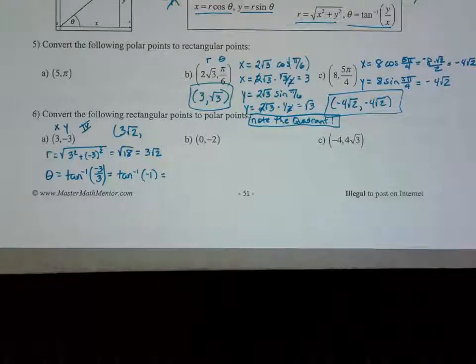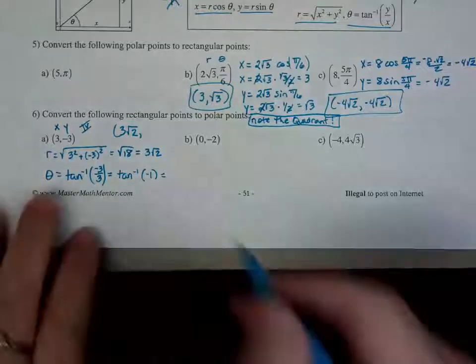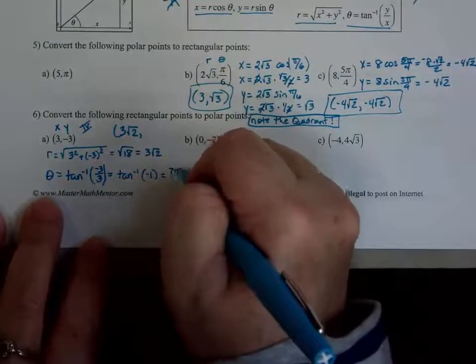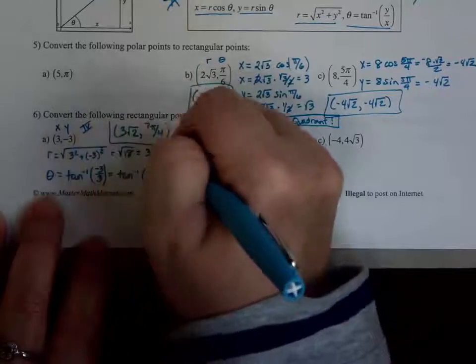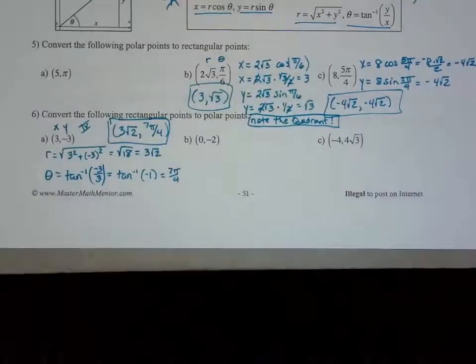It's something over 4. 7 pi over 4 will work. Or you could write negative what? Negative pi over 4. Either one is correct. So in this case, I'm going to go ahead and use the positive 7 pi over 4 because that's what you guys said first. And that is my theta. And there is my answer: 3 square roots of 2, 7 pi over 4.